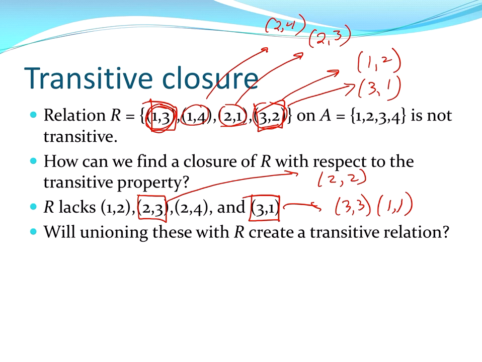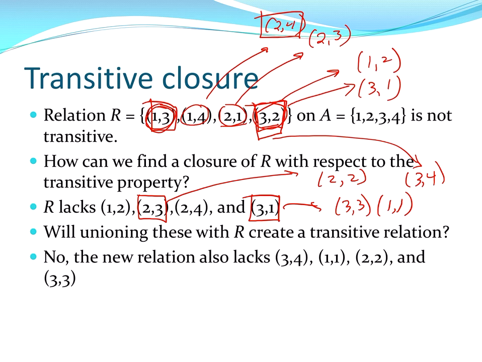And (3, 2) and (2, 4) will require (3, 4) to be there. Yeah, so these are the elements that this would be missing in order for it to have a chance of being a transitive relation. And once we add those in, it turns out it is, but it does take a little bit more work to create a transitive closure.